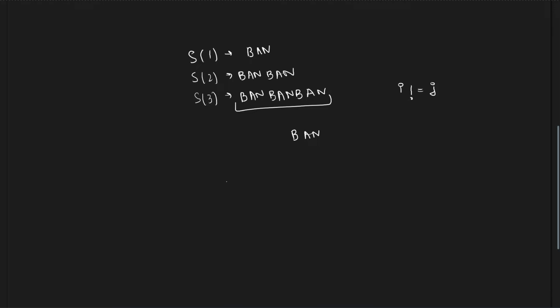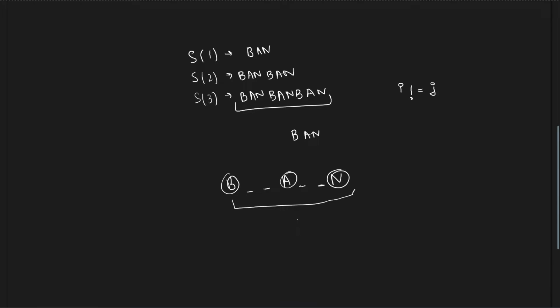Subsequence means b can be present here, a can be present somewhere here, and n can be present somewhere here, and there might be some letters between them. So this is a subsequence where the letters ban are present. So this should not be there in our final resultant string. So I have to minimize the number of such steps when I am swapping two positions, and I have to make sure that the final string does not contain this particular subsequence ban, right?